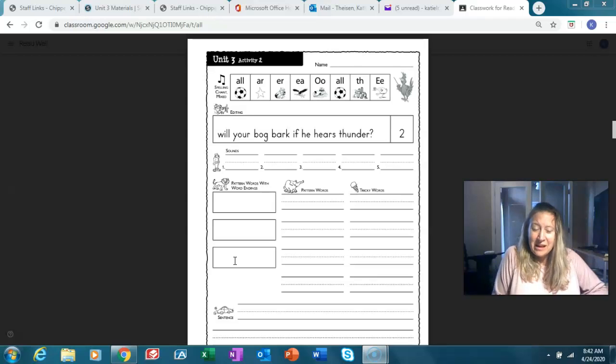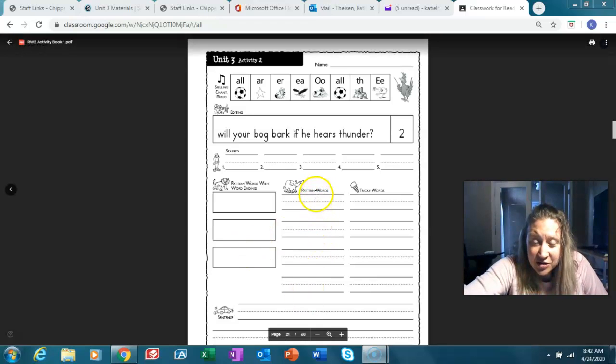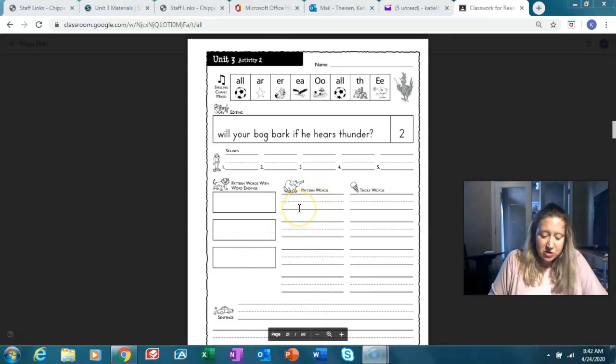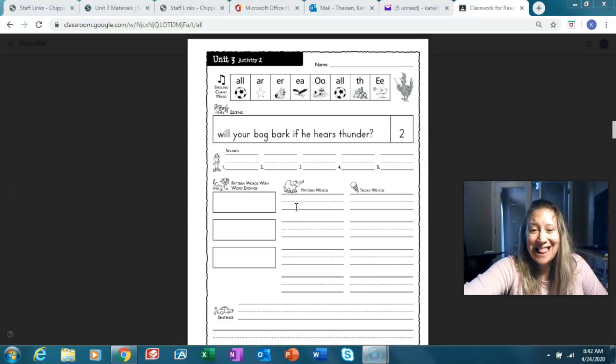Good job. Next, if you could go across here to your pattern words under the elephant, I'm going to give you the words to write down. The first word is let. Write let on the line. And you should have spelled that with an L-E-T. Next one, get.